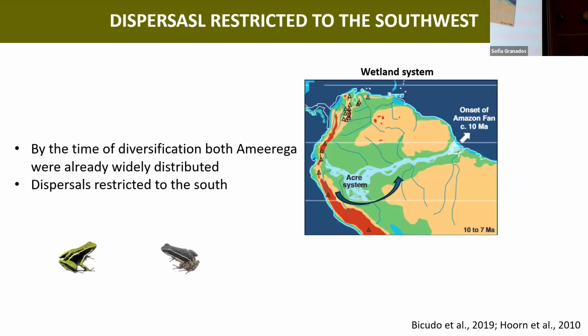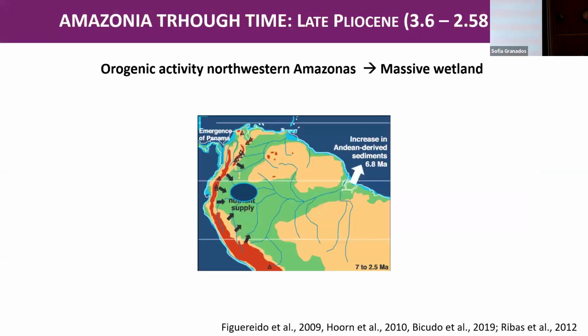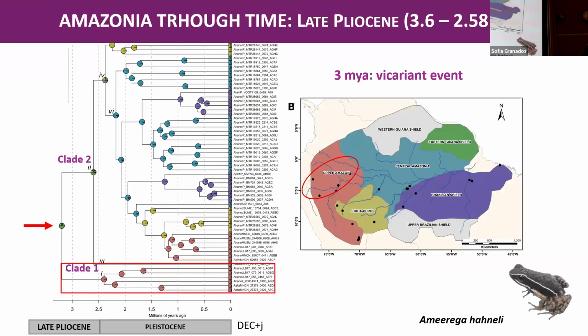So we think that if there were some dispersals, they were mainly restricted to the south, because there was a huge water system here. Then, at the time that these rivers were forming and there were a lot of changes, the Andes activity continued, and there was a massive wetland also in this area. We think that this process could be responsible for this vicariant event right here, because of the geographic setting and also the timing of these events.